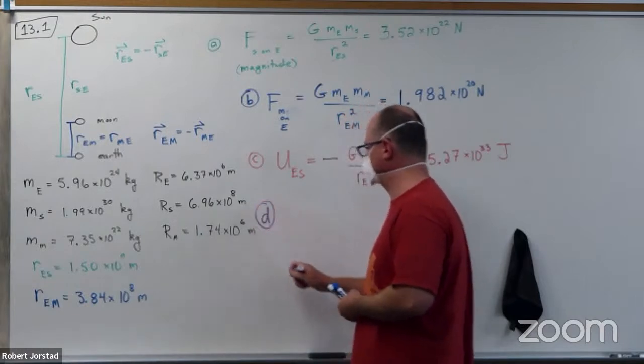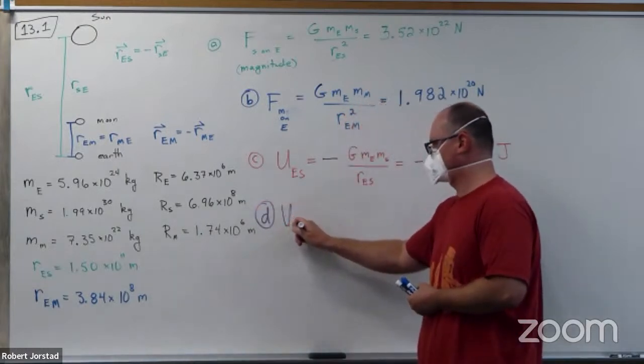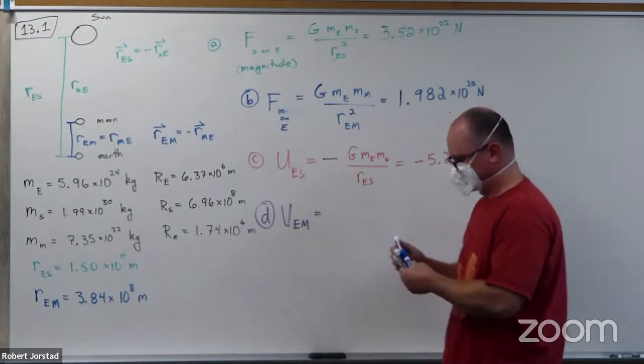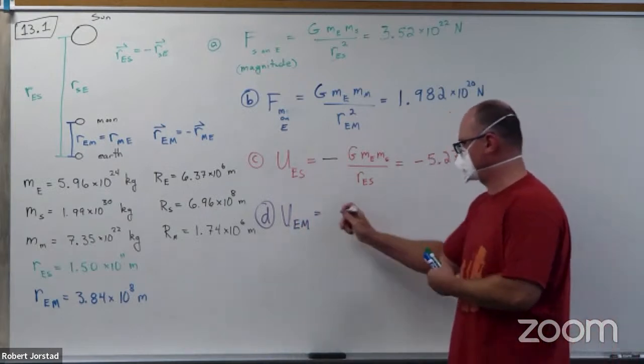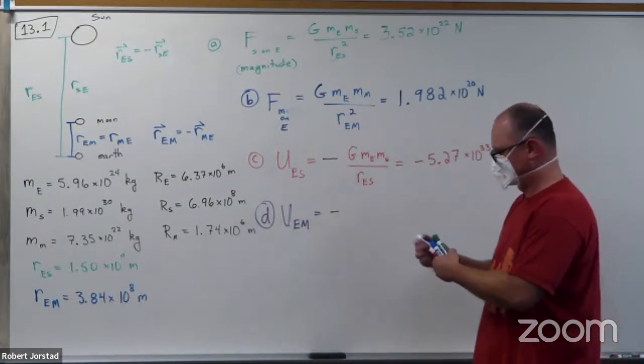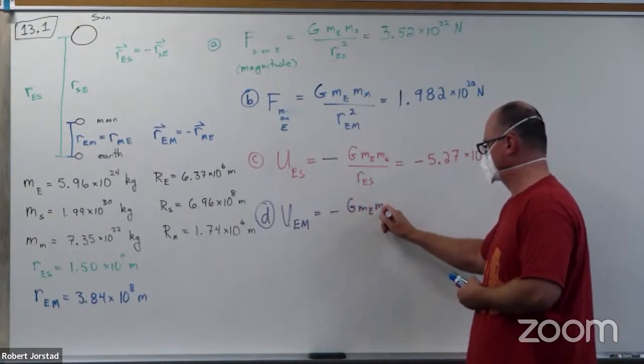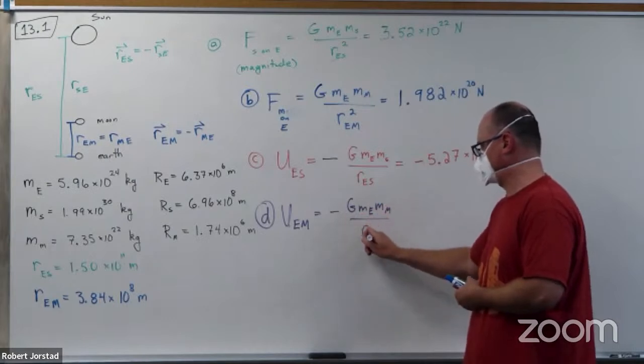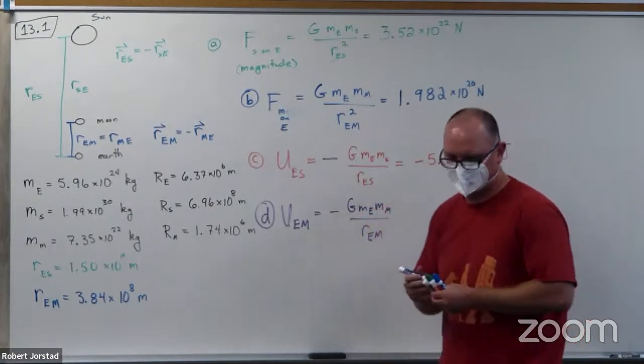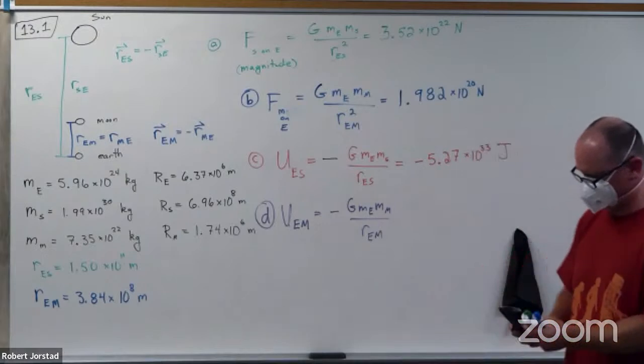Let's do D. I want Earth-Moon. I know it's cheesy, but let's do it. We've got a negative. Sometimes a little repetition will lock this in, right? You want to be fast. You do not want to be learning the calculator on exam day.